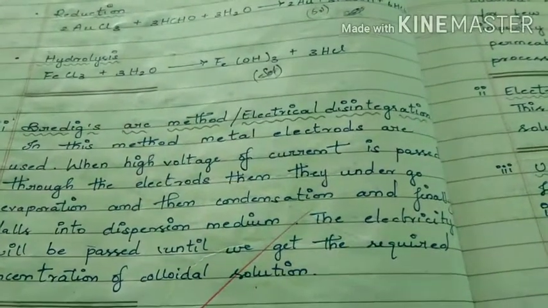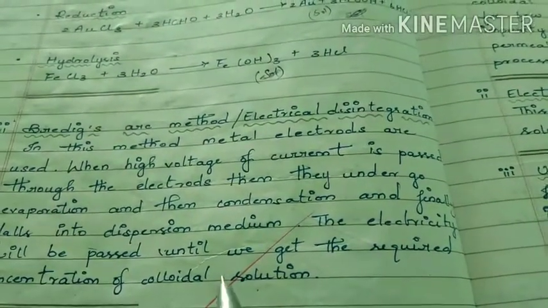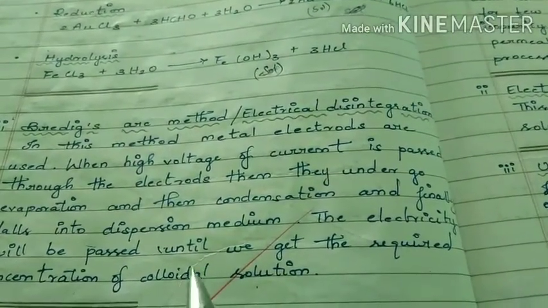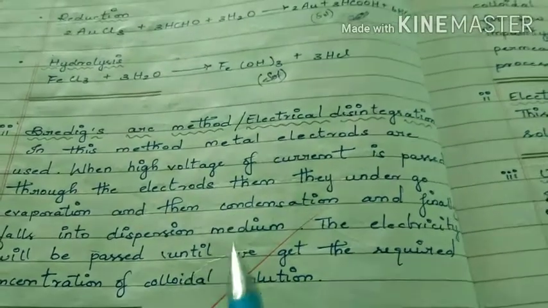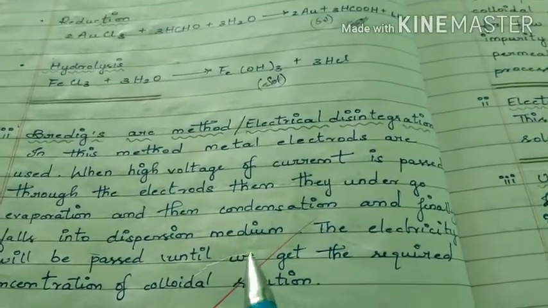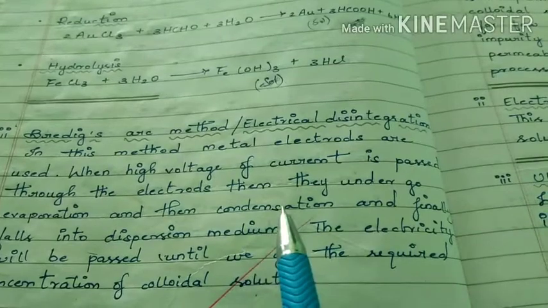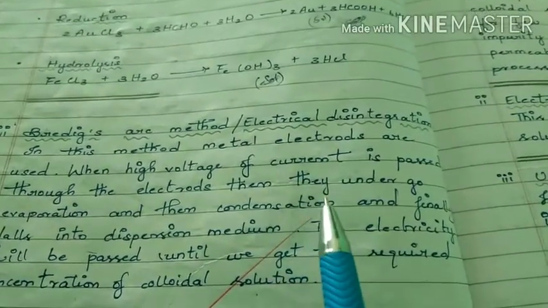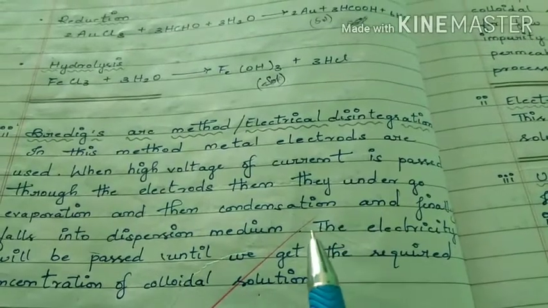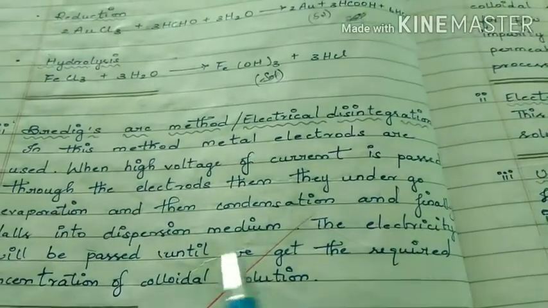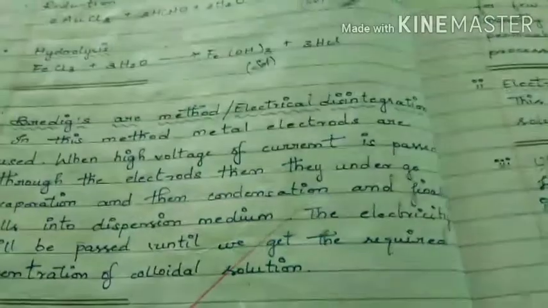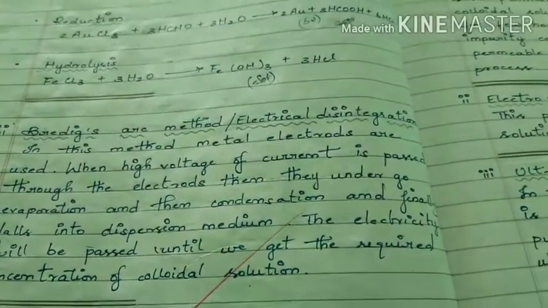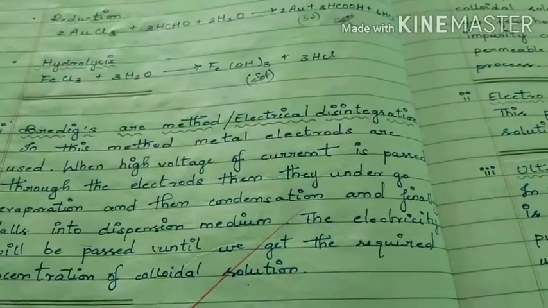If you apply a large amount of electricity, those electrodes initially undergo evaporation. Then after stopping the electricity, those vapors become liquid by condensation. Then those liquids fall into the liquid dispersion medium, which acts as the electrolyte. Then we get a colloidal solution.